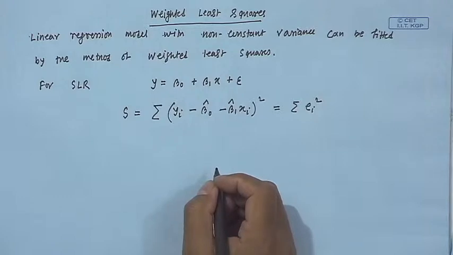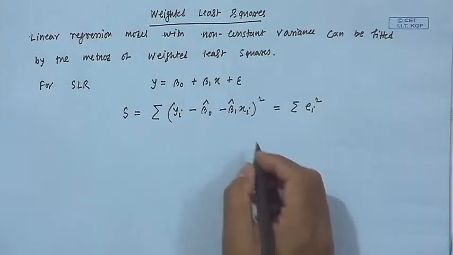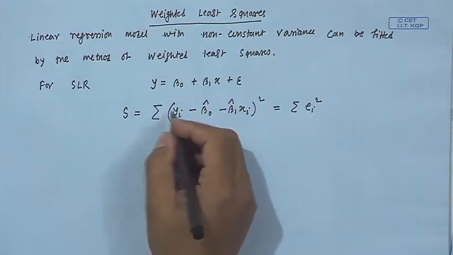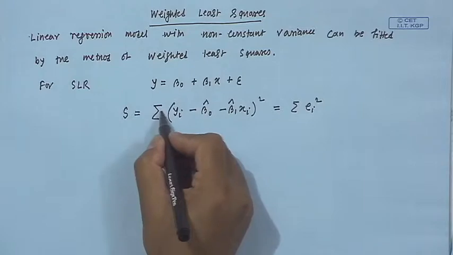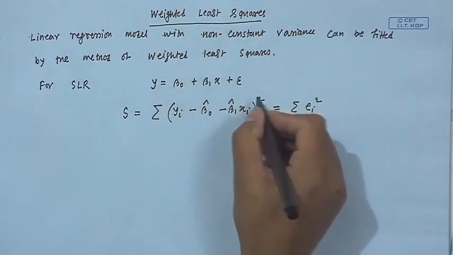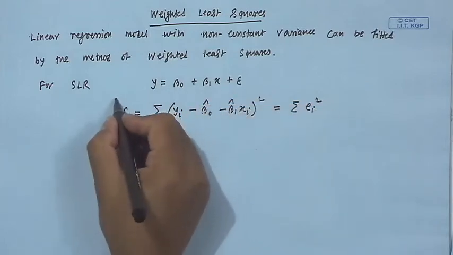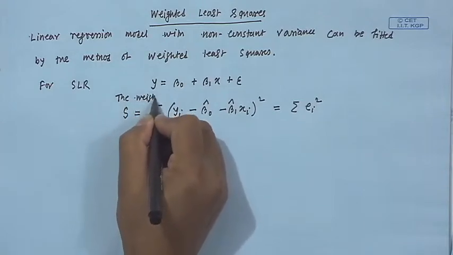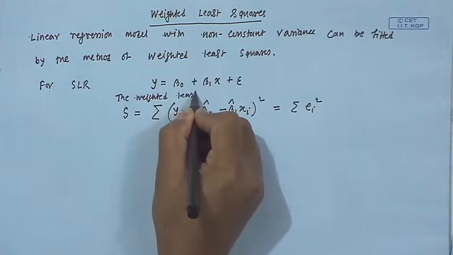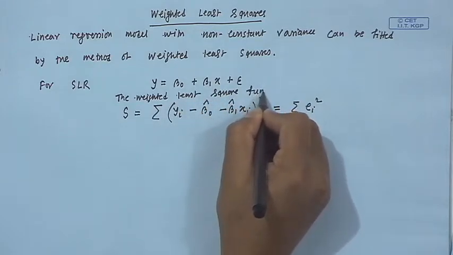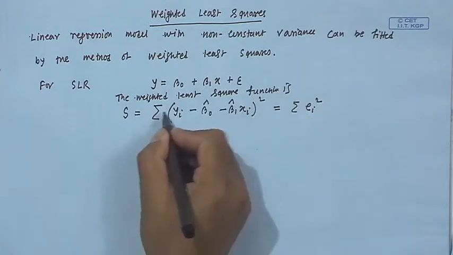Now, what we do is that instead of minimizing this quantity, we minimize the weighted least square function, which is just to multiply by w i.